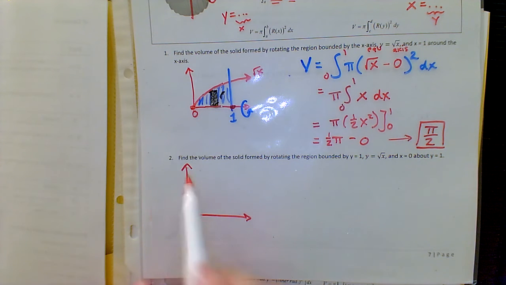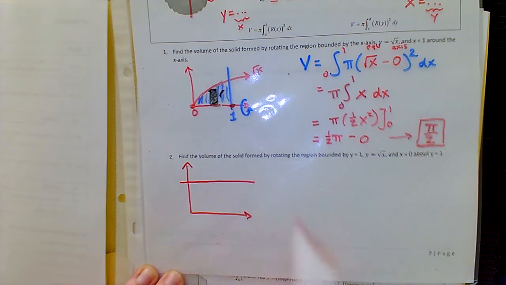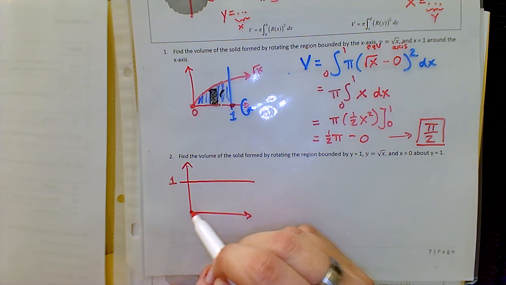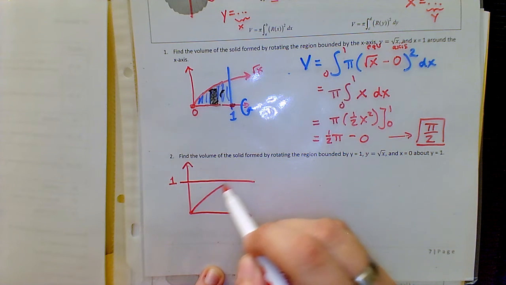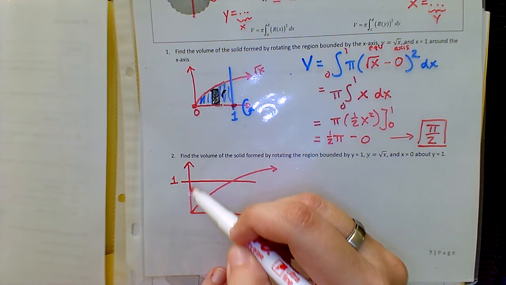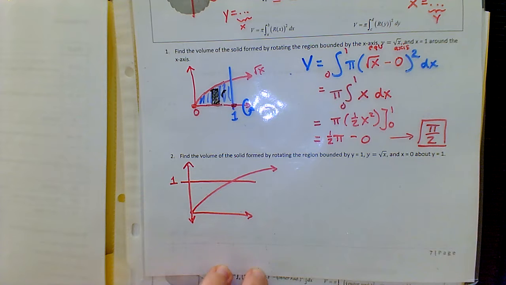All right, our first equation, y equals 1, we have that solid horizontal line. Our second equation is another square root. And our third equation, x equals 0, is just another name for the y-axis.